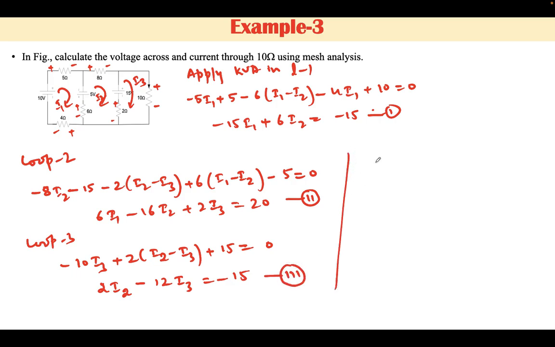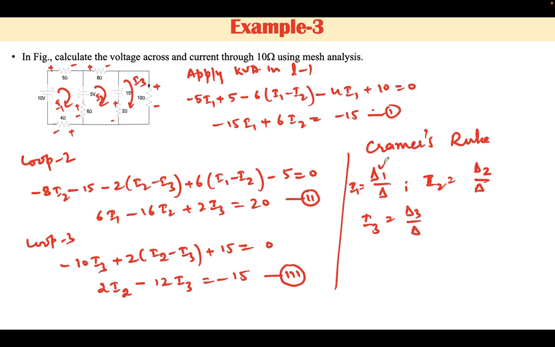Now we have 3 equations and 3 variables. Apply Cramer's rule. I1 is equal to delta 1 upon delta, I2 is equal to delta 2 upon delta, and I3 is equal to delta 3 upon delta, where delta 1, delta 2 and delta 3 are obtained by replacing the respective column with the right hand column, and delta is the determinant of the given original matrix.